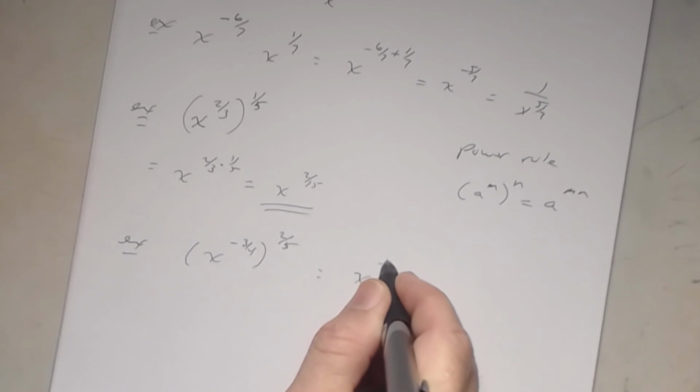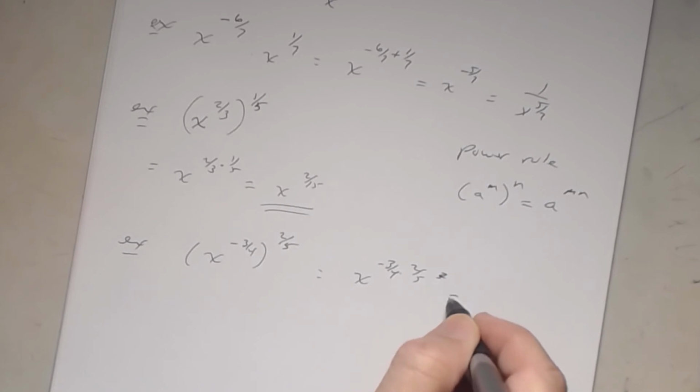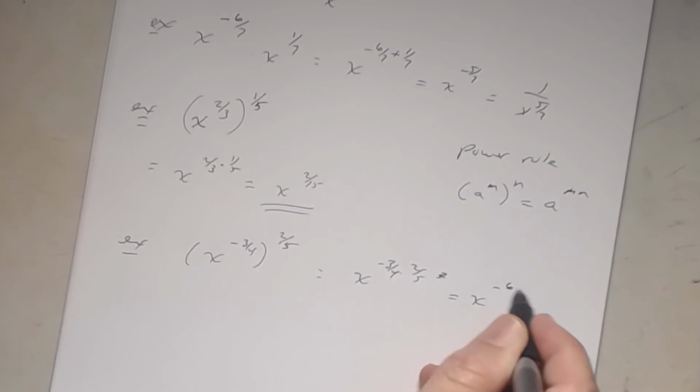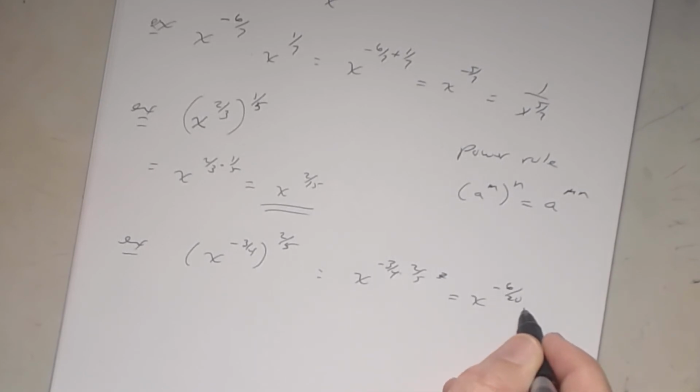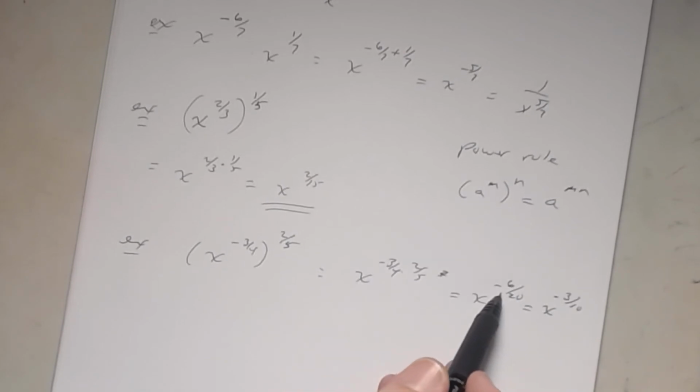All right. So here, the power rule again. In your mind, you're saying x to the negative 3/4 times 2/5. x to the negative 6/20, which reduces down to x to the negative 3/10, which you have to write as 1 over x to the 3/10. So you get negative 3/4 times 2/5, which is negative 6/20, right?